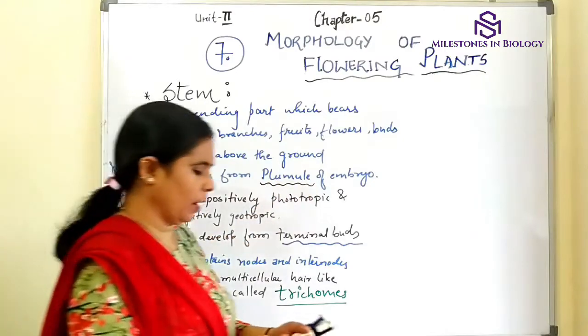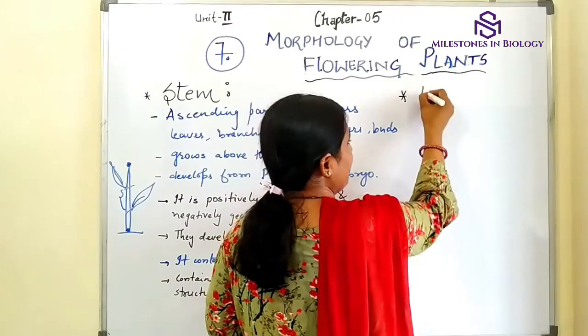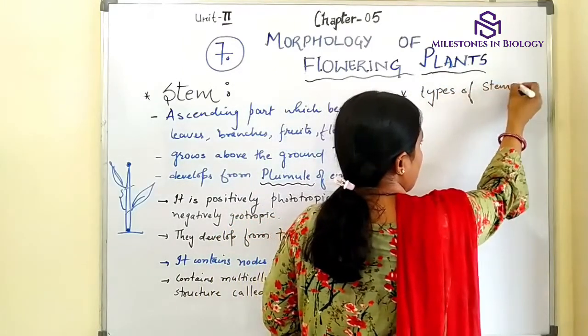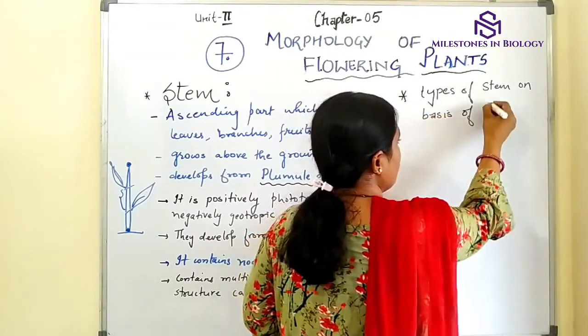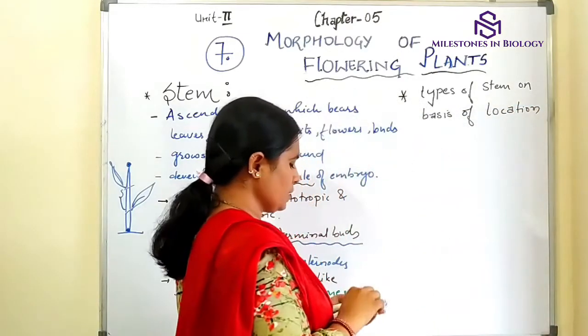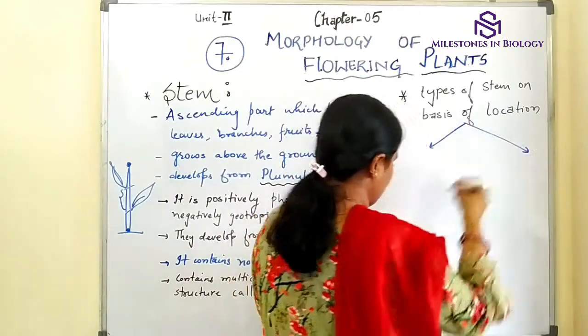Now let's talk about the types of stem on the basis of location. Okay, so on the basis of location, you will see that stems are of two basic types.